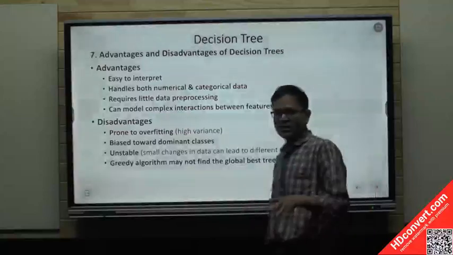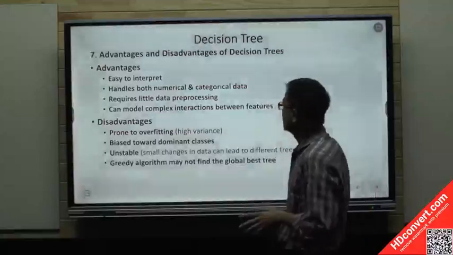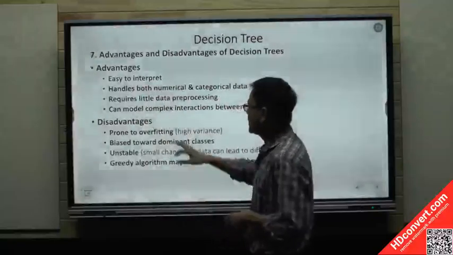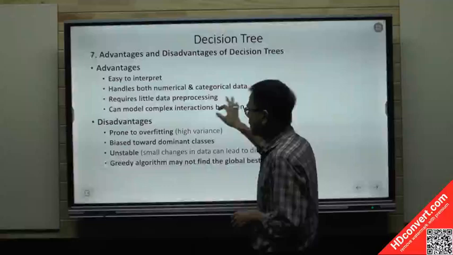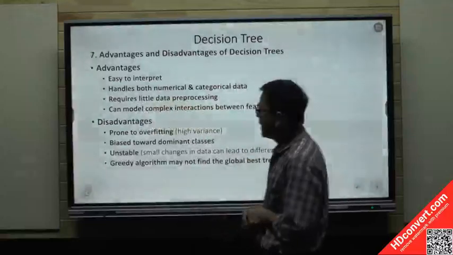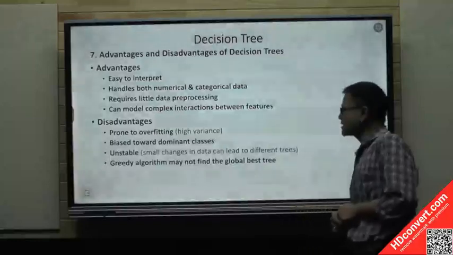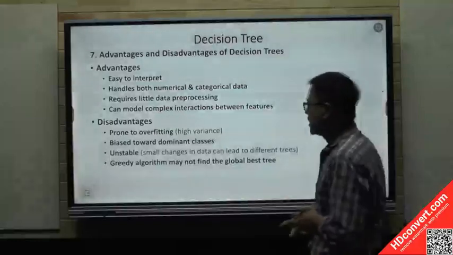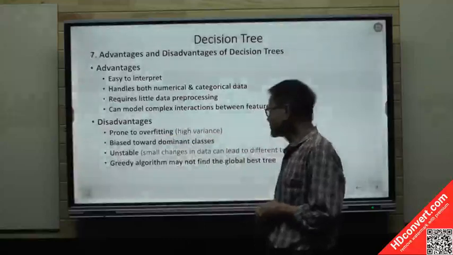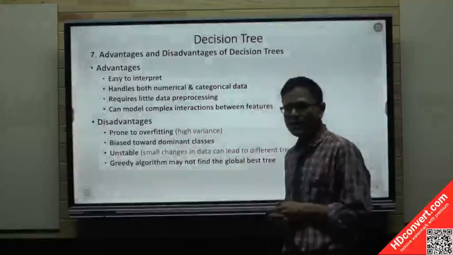So what are the advantages and disadvantages of a decision tree? Advantages: easy to interpret, handles both numerical and categorical data, requires little data processing, and can model complex interaction between the features. While disadvantages: it's always prone to overfitting, and biased towards the dominant class.